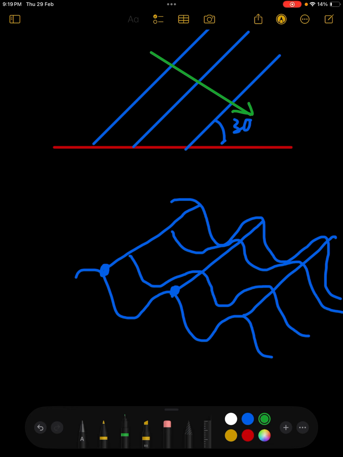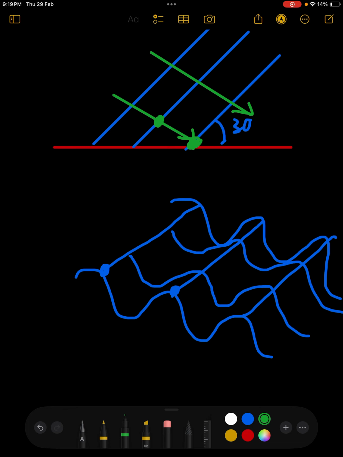So this part arrives on the boundary, the red boundary there, before this part.